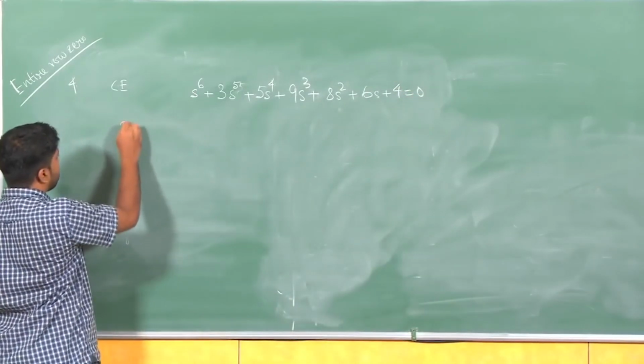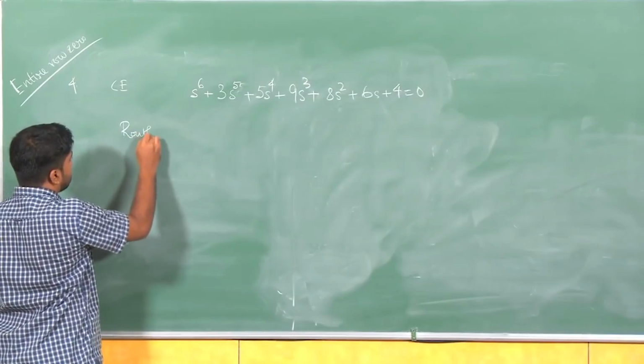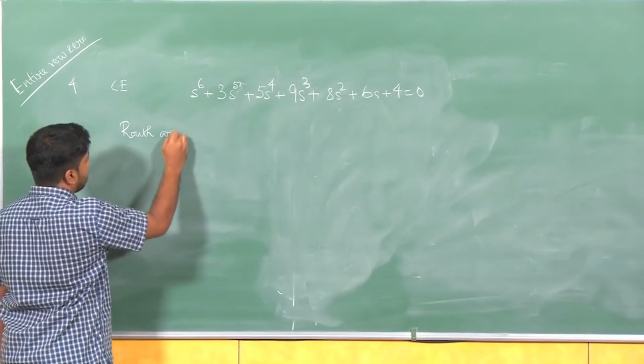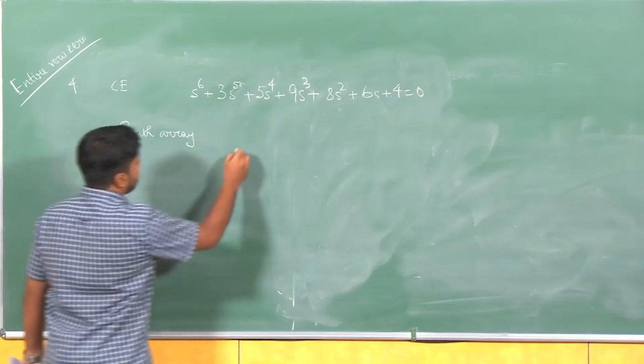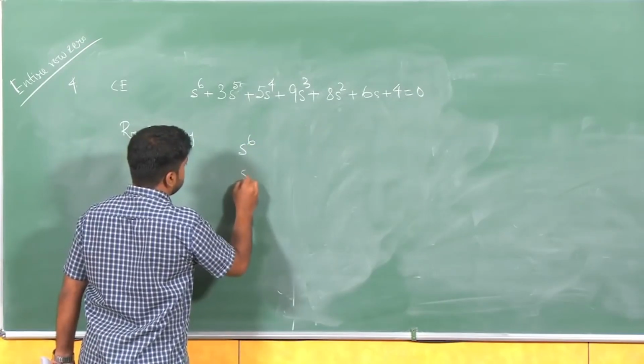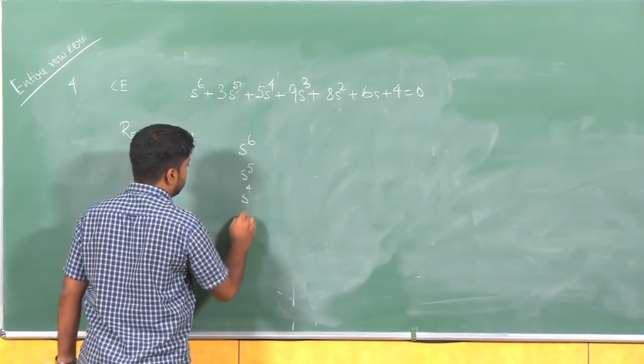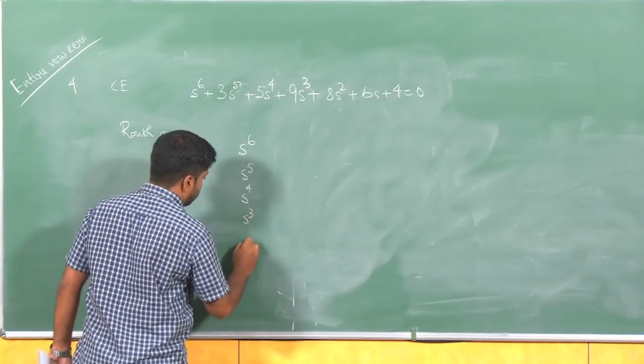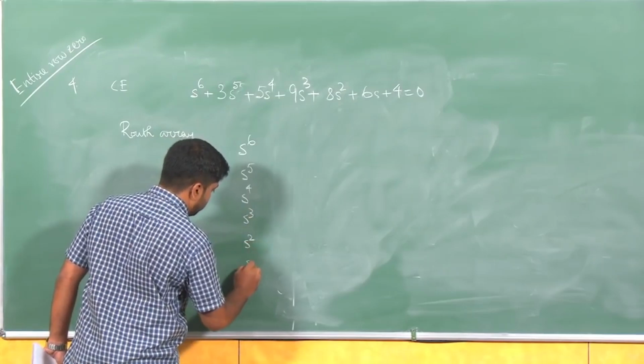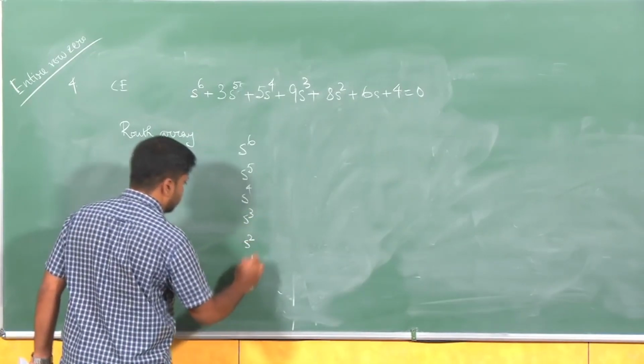So, construct the Routh array: s to the power 6, s to the power 5, s to the power 4, s to the power 3, s to the power 2, finally s to the power 0.